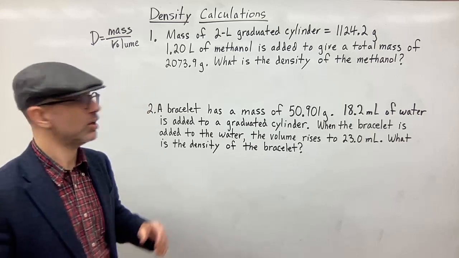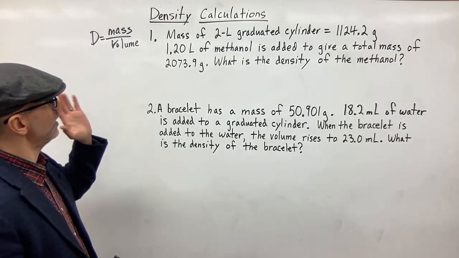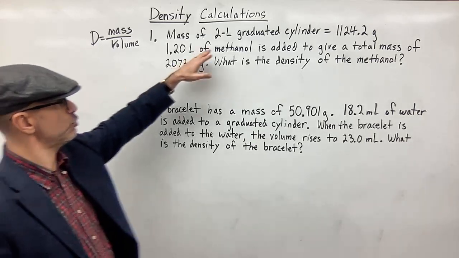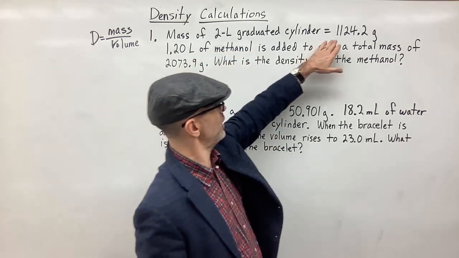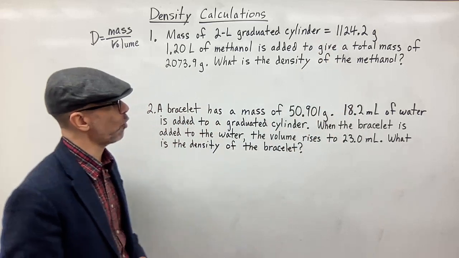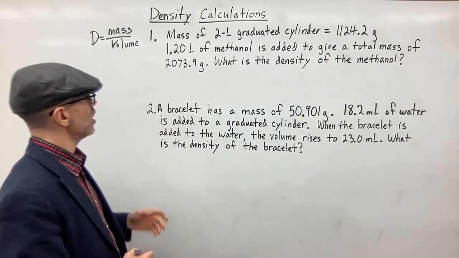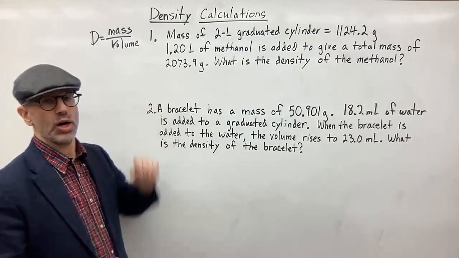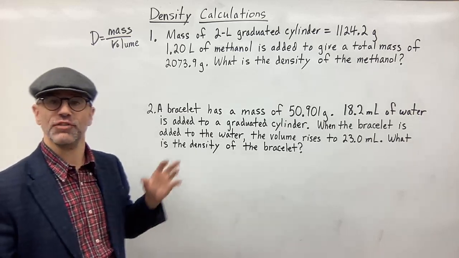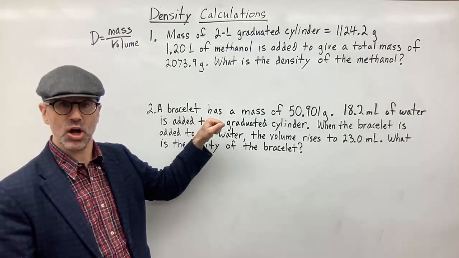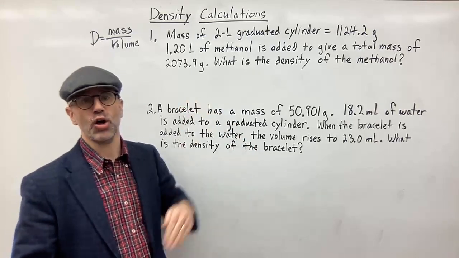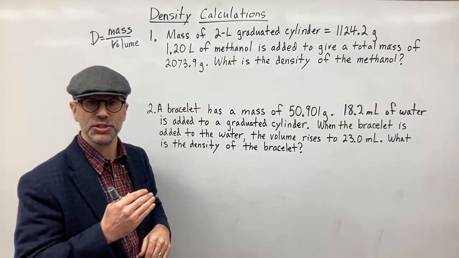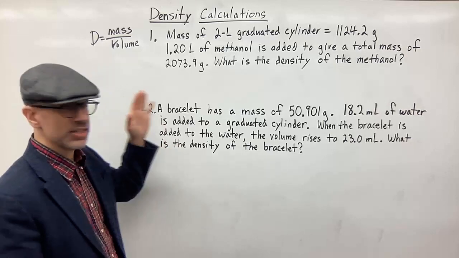For number one, we're given the mass of a 2-liter graduated cylinder: 1124.2 grams. We put in 1.20 liters of methanol. So we pour methanol into the graduated cylinder until it gets to the volume of 1.20 liters, and then we get the mass of that together.